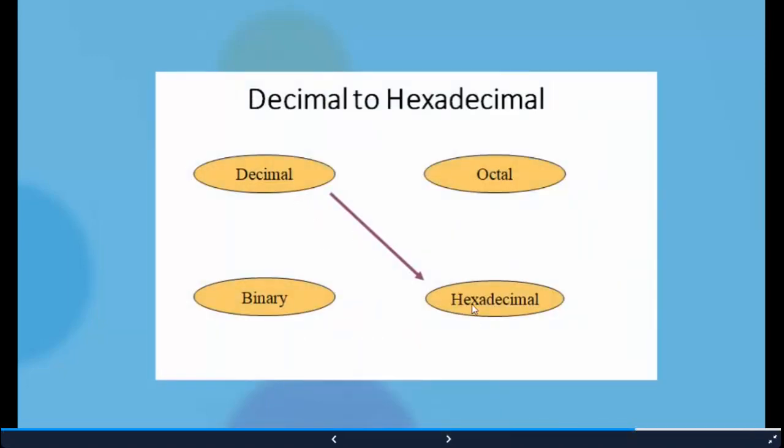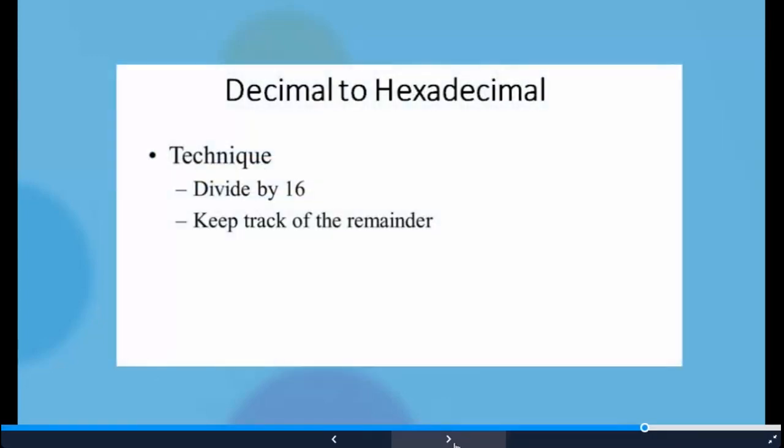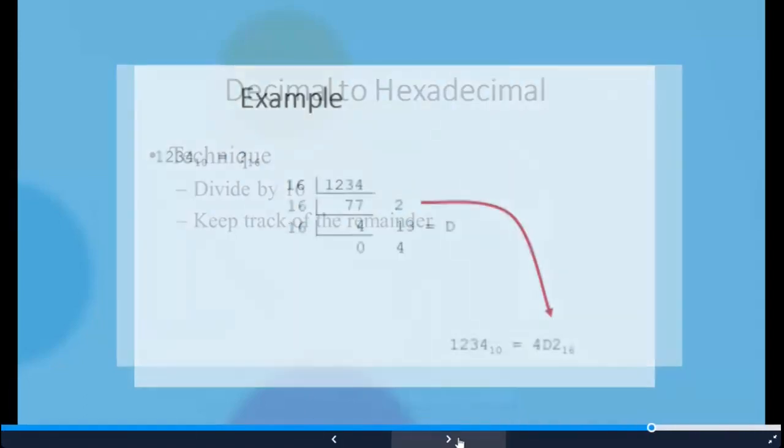Another is decimal to hexadecimal. What do you think is gonna happen? Just the same process. If it's from decimal to another number system, you divide it by the base. Since hexadecimal is base 16, you divide by 16 and you keep track of the remainder.